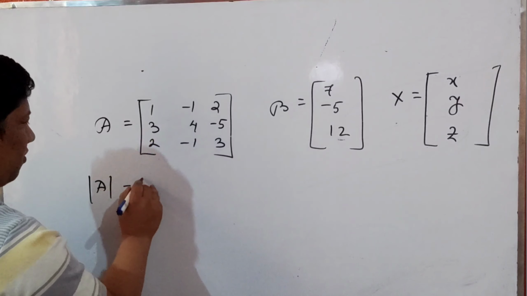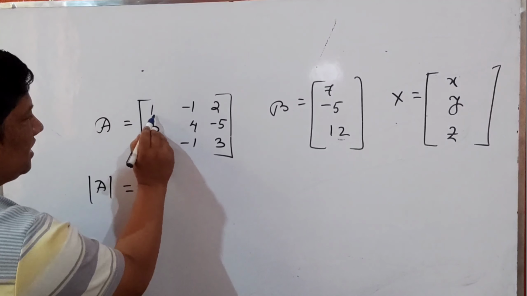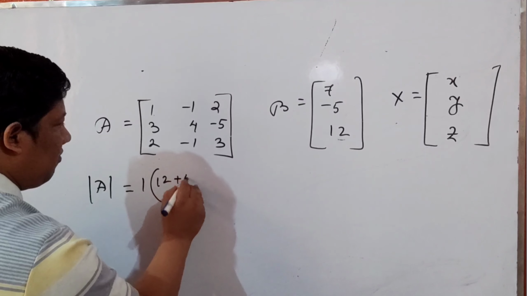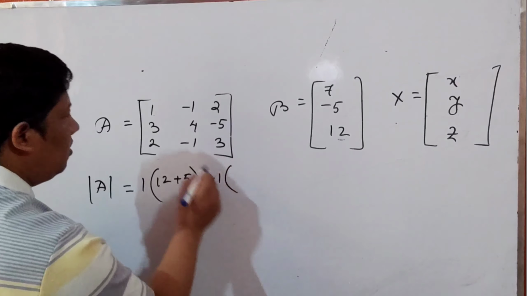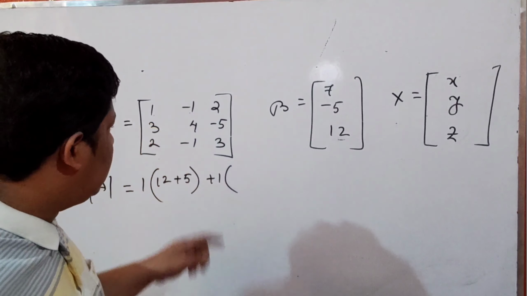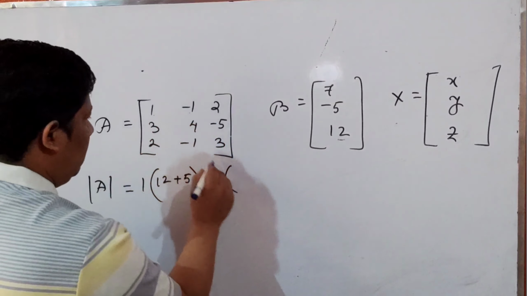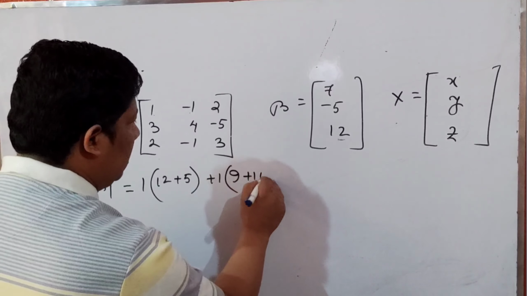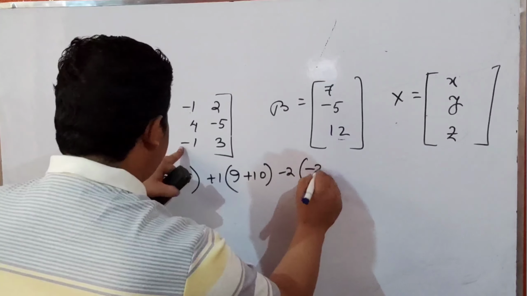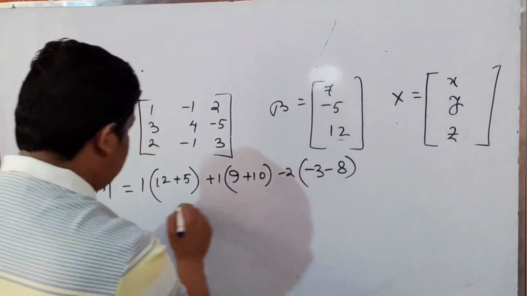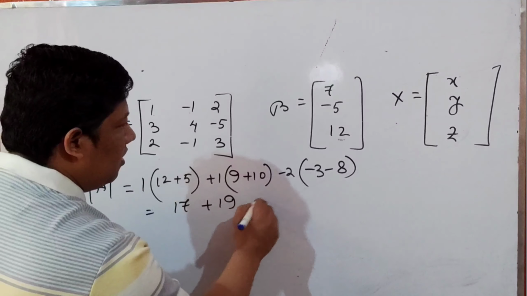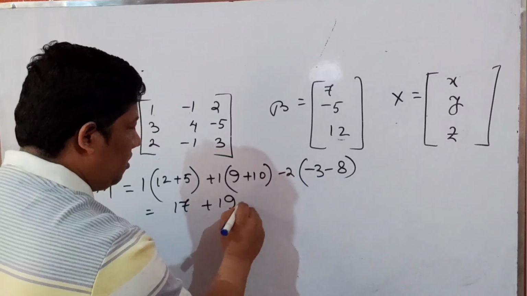So if you expand along 1, this row and column cancel, you get 12 plus 5. Next, plus 1 for these elements. If you write a minus, again a minus plus. Again this row cancels, 9 plus 10. Again minus 2, this row and column cancel, minus 3 minus 8. So I get 17 plus 19 and here 11 plus 22.